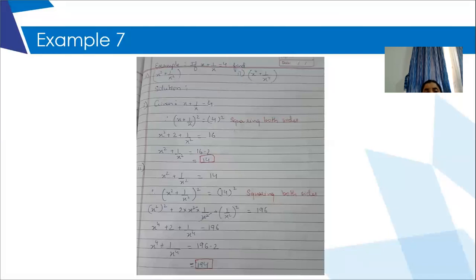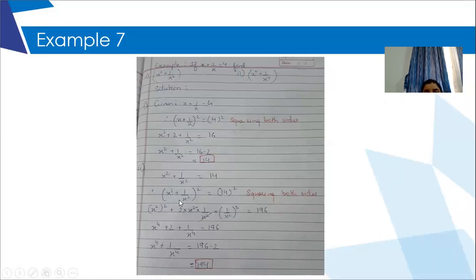In these kinds of questions, children, you need to be very careful and go step by step. And always the center term you will get as a pure number, which was actually 2ab.